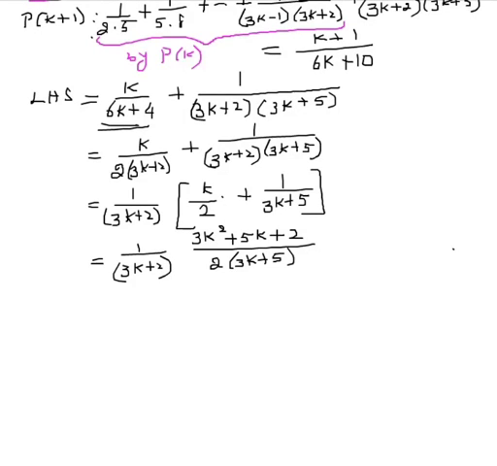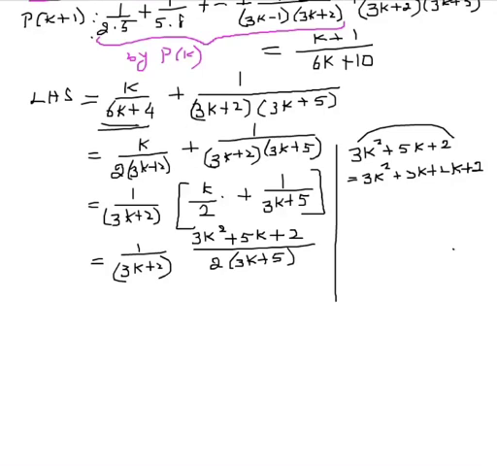So we need to factorize the numerator. I'll do the factorization here. 3k square plus 5k and plus 2. Product is 6. Sum is 5. So I'm splitting the middle term as 3k and 2k. Total is 5k and product also 6k square we get.